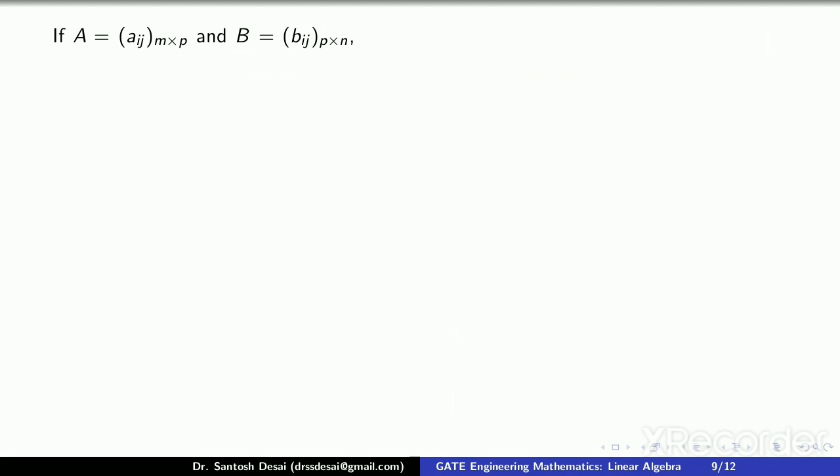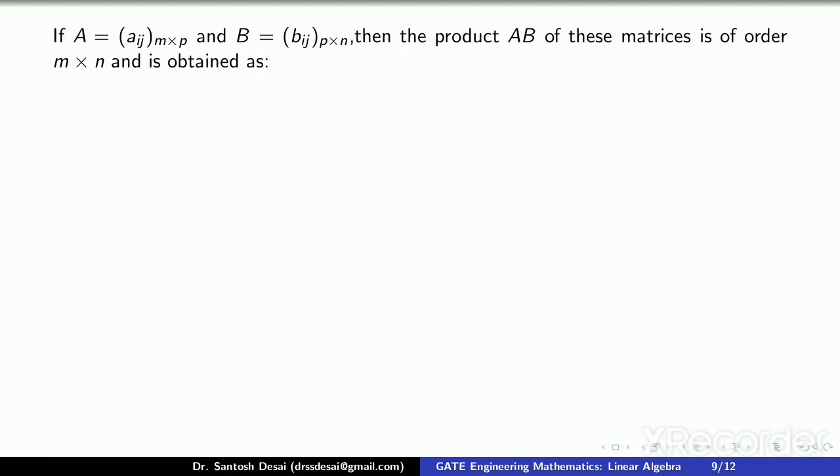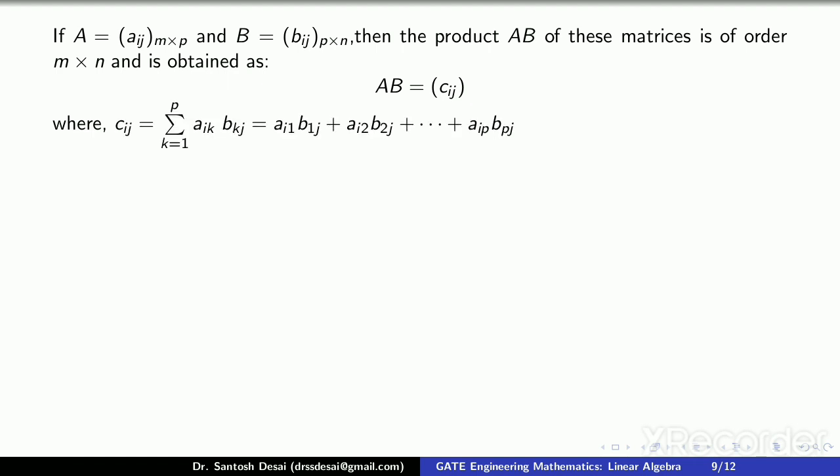Let A equal to (aij) be a matrix of order m by p and B equal to (bij) be a matrix of order p by n. Then the product AB of these matrices is of order m by n and is obtained as AB is equal to (cij), where cij are the elements of AB and the cij's are given by cij is equal to summation k is equal to 1 to p aik into bkj.